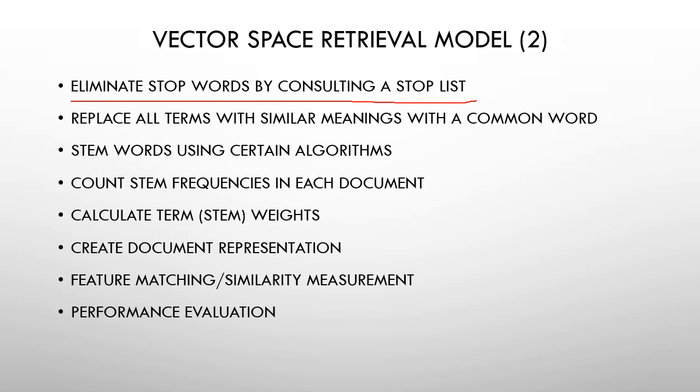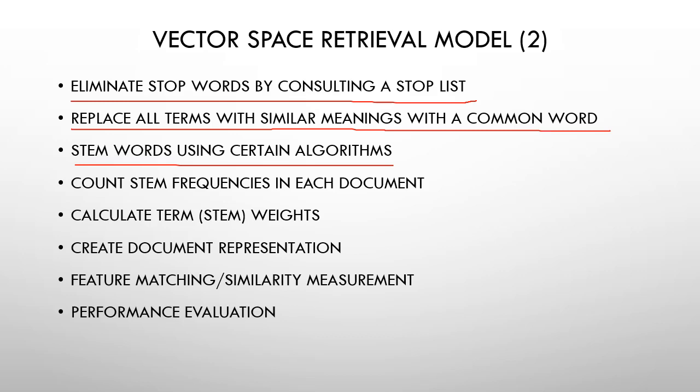Then we replace all terms with similar meanings with a common word. So this is the model of the IR model, right? Followed by stemming the words, we remove the suffix, the infix, and also the prefix or the inflection.